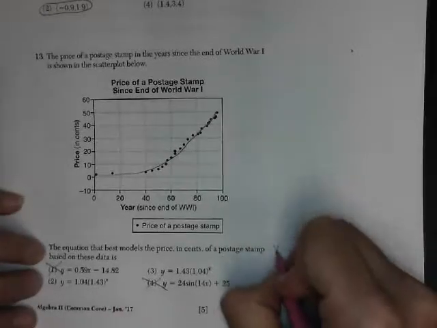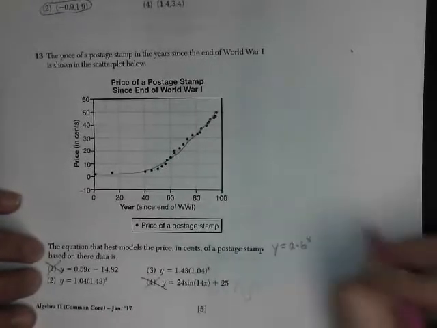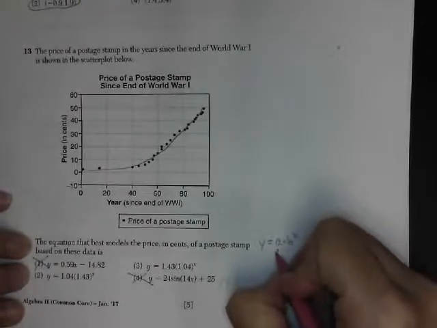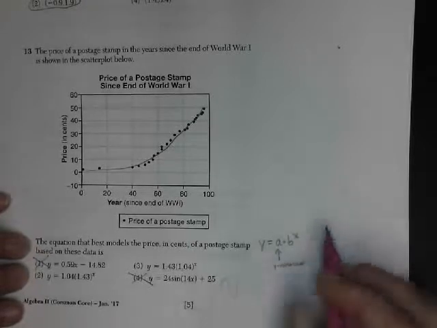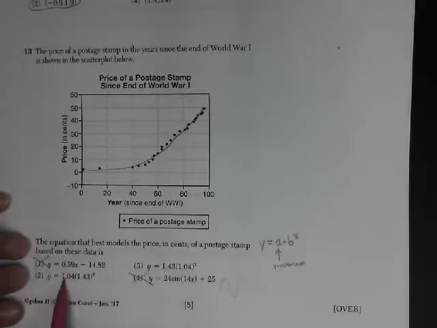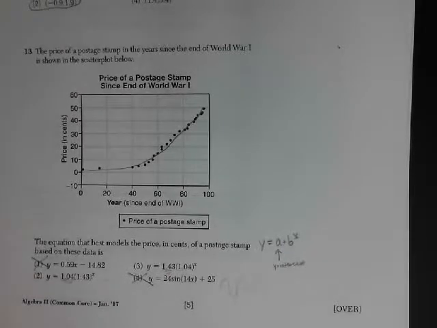So when we have y equals a times b to the x on our flashcards, we're supposed to know that a is your y-intercept. So if you take a peek at that, is our y-intercept 1.04 or 1.43? Now, that's really hard to tell. Really hard to tell. So I'm going to say it's not enough to differentiate.